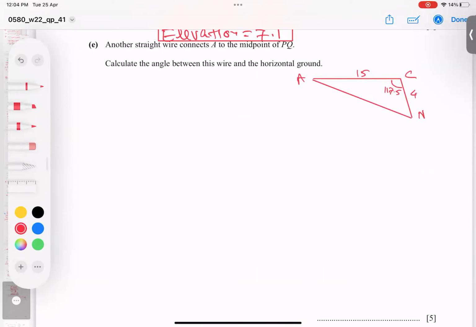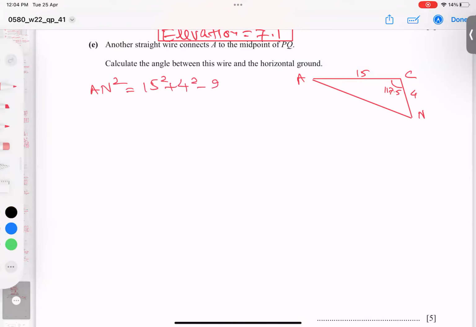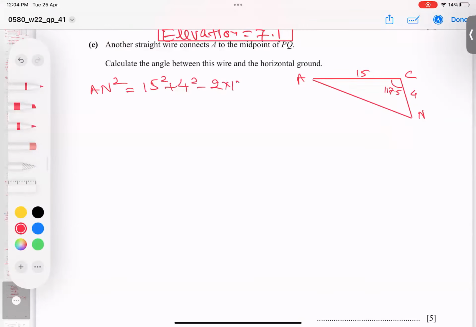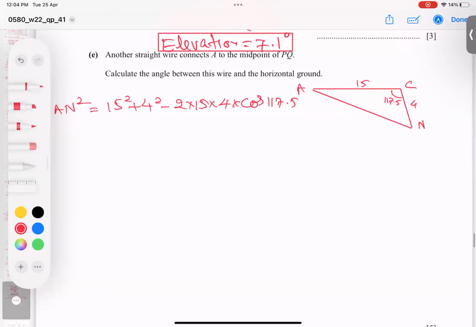So I'm applying the cosine rule now to get AN. What is AN squared? It equals 15 squared plus 4 squared minus 2 into 15 into 4 into cos of 117.5. This is the formula I used.